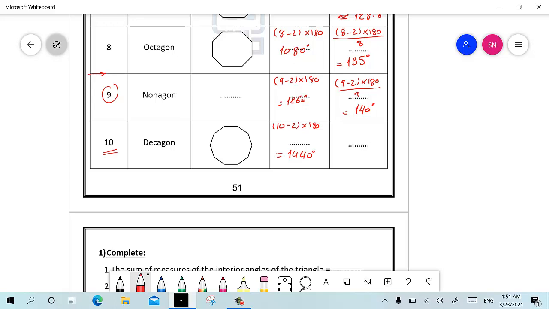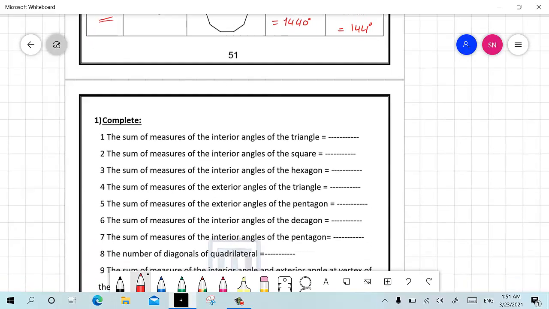And to find one interior angle, again 10 minus 2 times 180 divided by 10, and this equals 144 degrees. This is the measure of one interior angle. Hope it's clear now. We now are going to go to page 52 and complete.